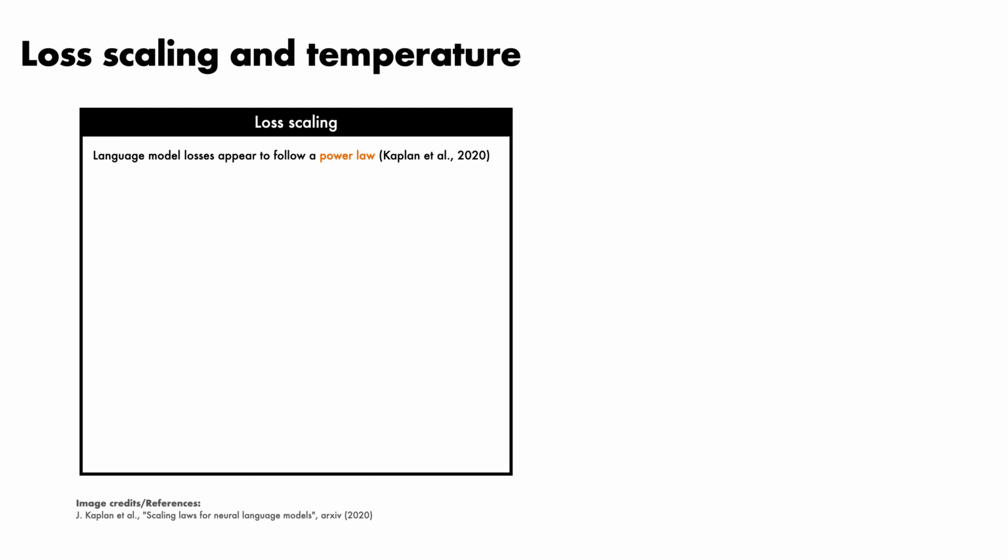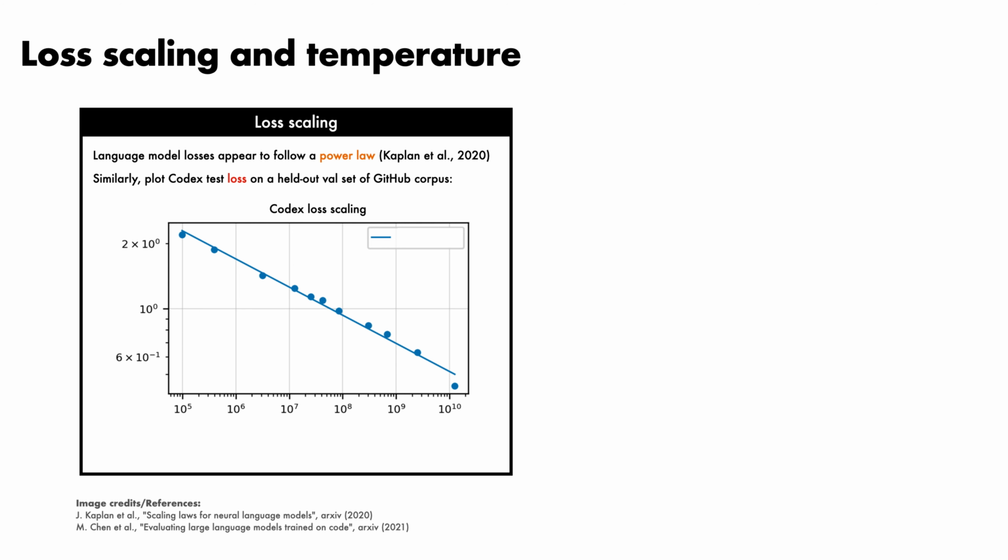In prior work by Kaplan et al., it was observed that model losses appear to follow a power law with model size. In a similar manner, we can plot Codex test loss on a held-out validation set of the GitHub corpus of Python code. This plot shows the results, with non-embedding parameters N in log scale on the x-axis and test loss in log scale on the y-axis.